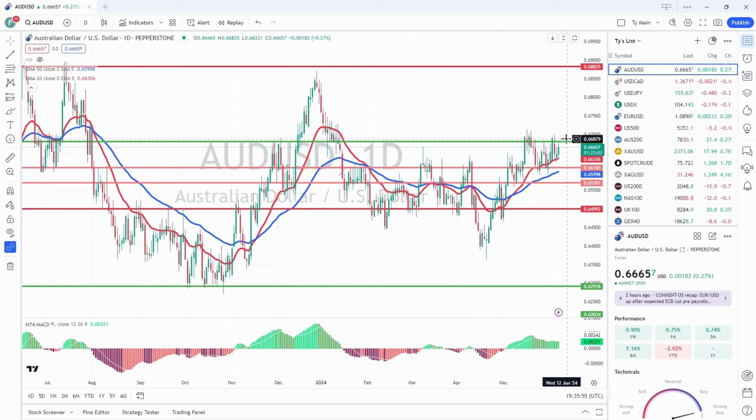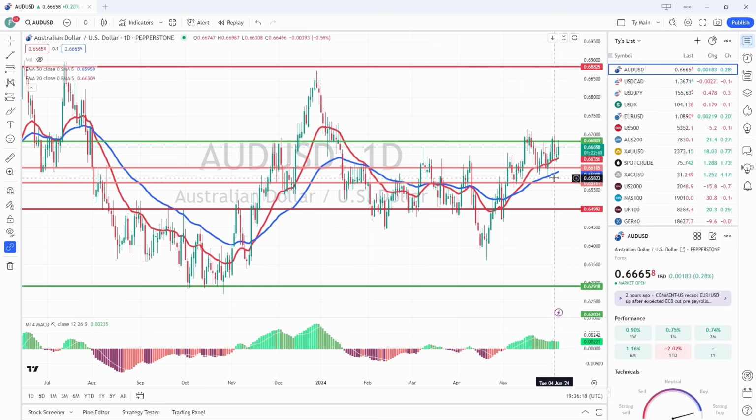If we get a close above, it's very straightforward in my mind. If we get a close above 67 cents on Monday, and that's where we start the trade, we start to look for a series of higher highs and higher lows up to around that 68 cent mark. Pretty straightforward. And if we're trading below the 66.80 or even below the 20 moving average, then we're going to start looking for the shorts. I think I'm not really biased either way as to which way this can go.